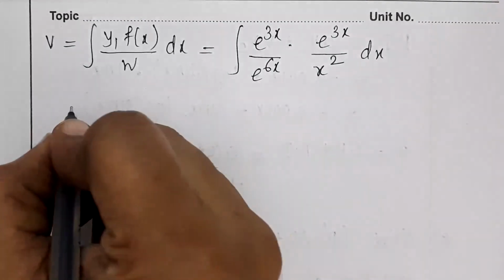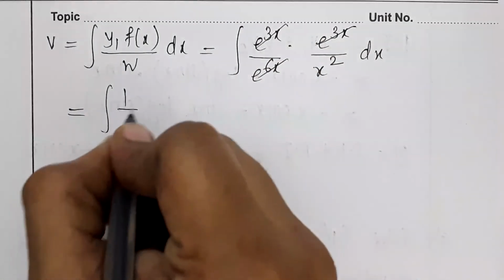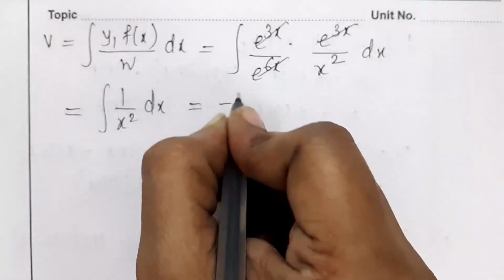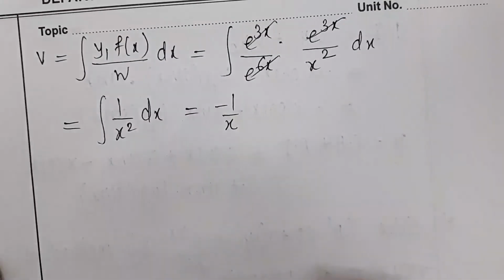So e to the power 6x gets cancelled, and this is integration of 1 upon x square into dx, which is equal to minus of 1 by x. This is v.